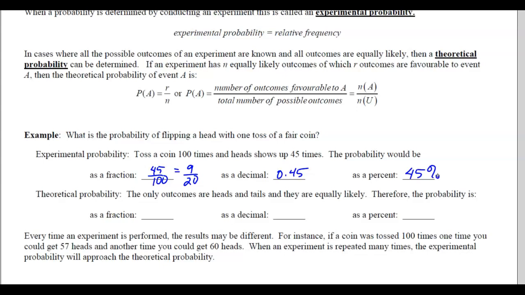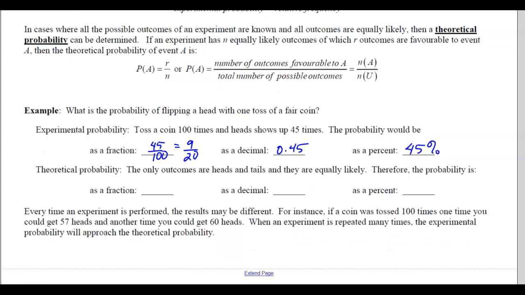So if it's a fair coin, out of 100 times, you should get heads 50 times, or half, right? Because there's two possibilities. So as a fraction, it would be half. As a decimal, 0.5. As a percent, 50%. That's theoretical. So you can see it's close in this experiment. The more experiments you do, the closer that 45 becomes 50. Okay?